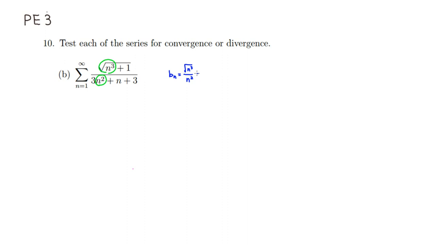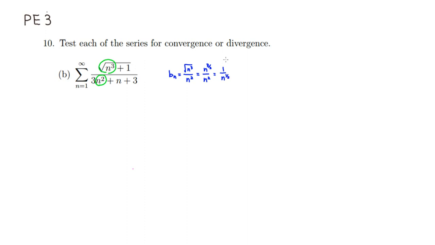Which can be rewritten as n to the, square root is the 1/2 power, so it's a 3/2 power. And on the bottom, you have n squared. So this is going to cancel down to n to the 3/2 power over n squared, and you're going to get 1 over n to the 1/2 power.